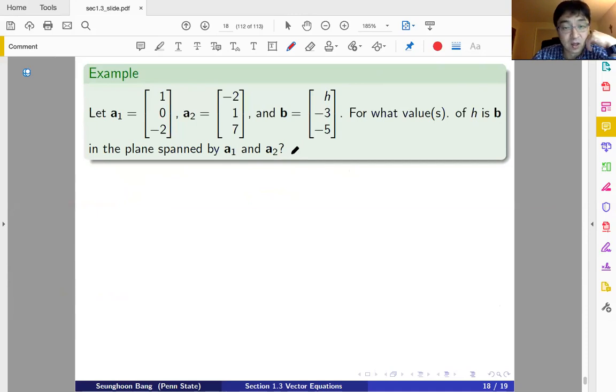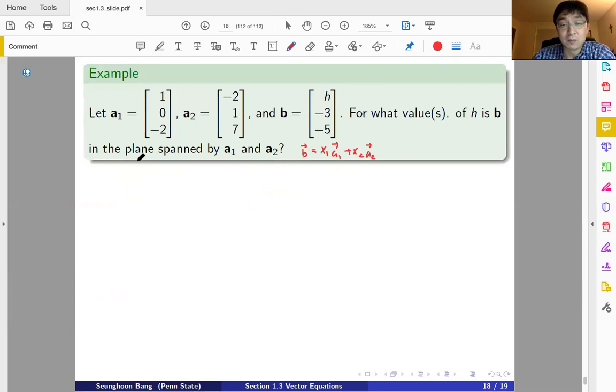If we have a linear combination, this is exactly the span of A1 and A2. So vector B equals x1, a constant, times vector A1 plus x2 times vector A2. This is the exact meaning.